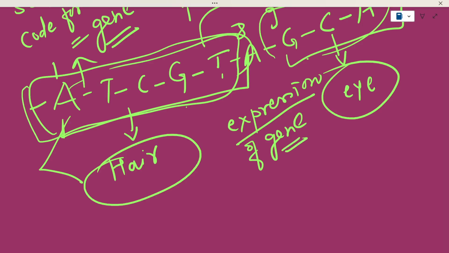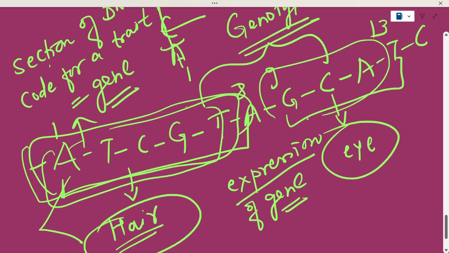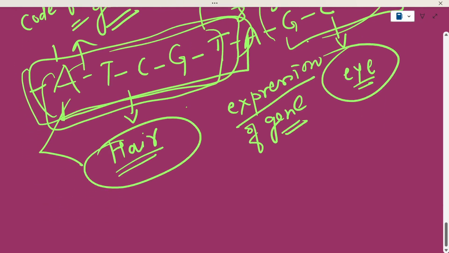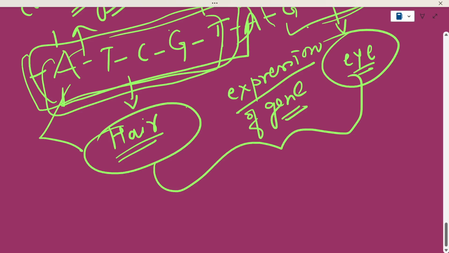So this section from 1 to 8 has expressed itself in the form of hair. And this from 9 to 13 has expressed itself in the form of eye. So these genes form the genotype, and the visible expression is known as the phenotype.